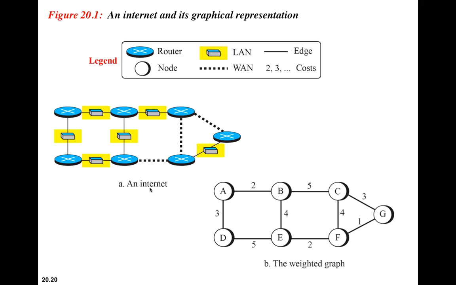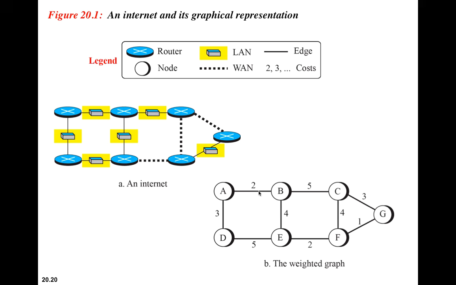Now this diagram can be represented in the form of a weighted graph. So every router becomes a node, and every connection will become an edge of the graph.